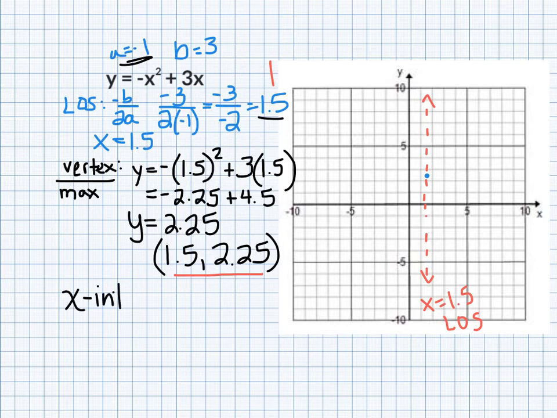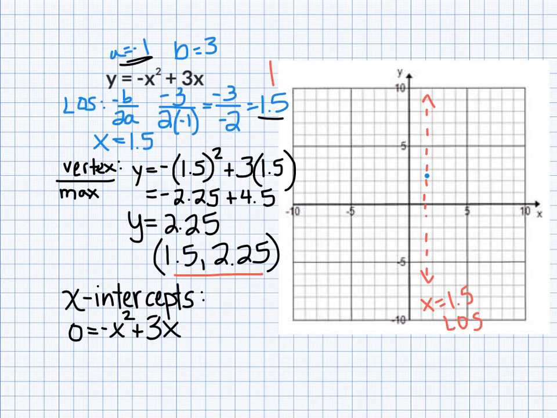Next up, we can talk about the x-intercepts. So to do this, we're going to set y equal to 0. 0 equals negative x squared plus 3x. Okay, this is where we have to factor and set parts equal to 0. So what can we factor out?